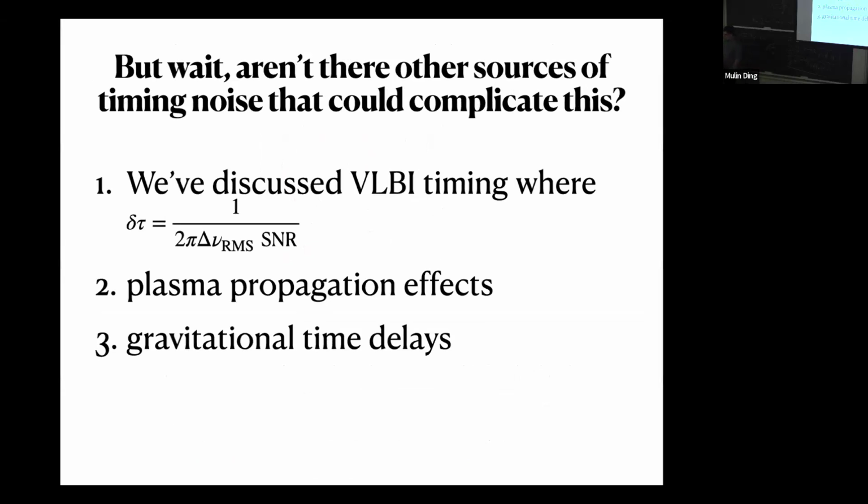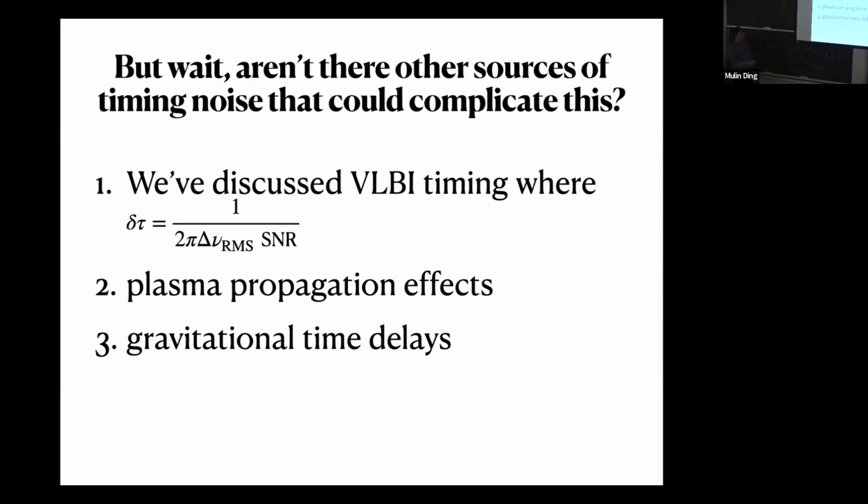Okay, but what underlay that statement was that I assumed we could time things to the inverse of the frequency, and so there's a variety of things that you might worry about that could affect how well we can time the FRB signals.